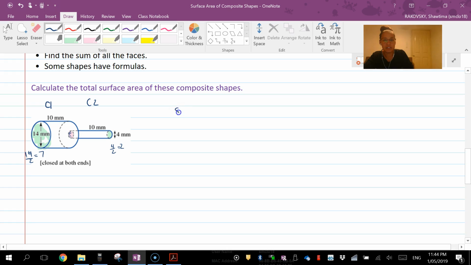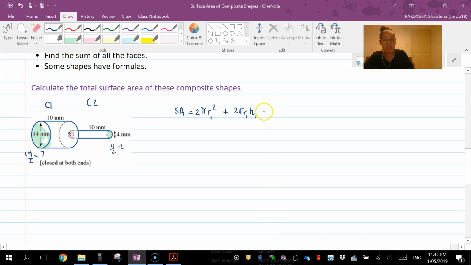So our surface area is going to equal 2 pi r1 squared, keeping the same formula, plus 2 pi r1 h1, because it's coming from this cylinder here.